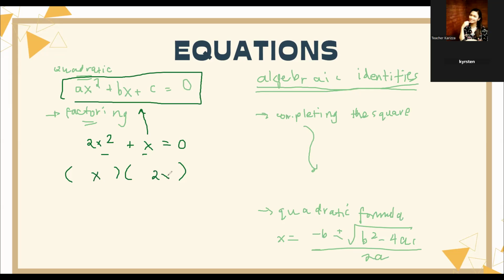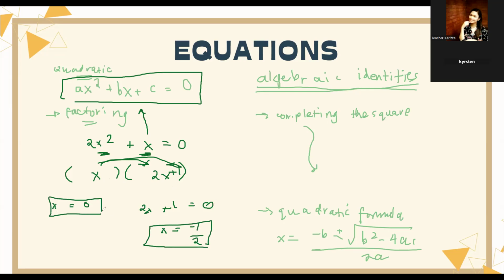And then you will have 2x plus 1, so it's x times 2x plus 1, right? So x times 2x is 2x squared, and then x times 1 is x. So we equate it to 0, x is 0, 2x plus 1 is equal to 0. We have x is equal to negative 1 over 2. Clear so far?